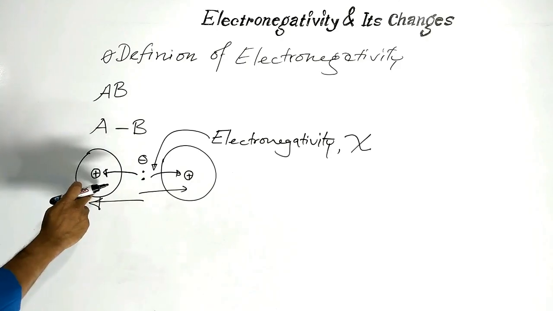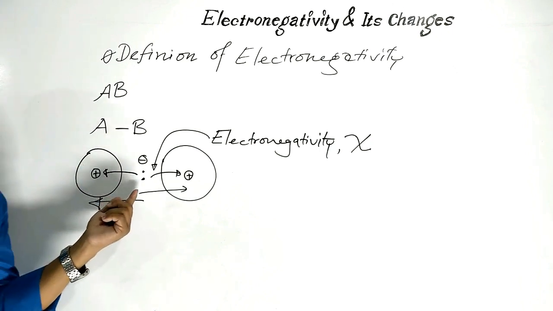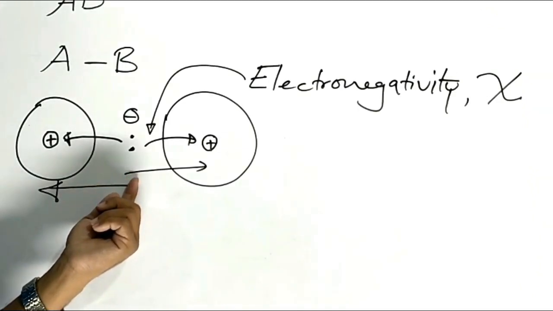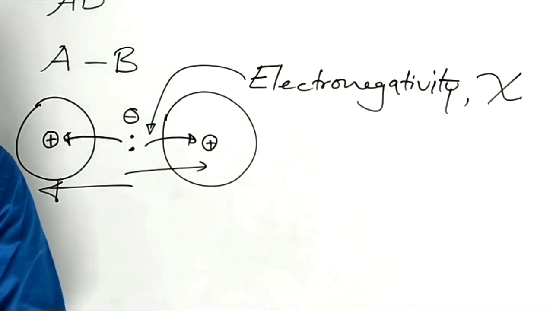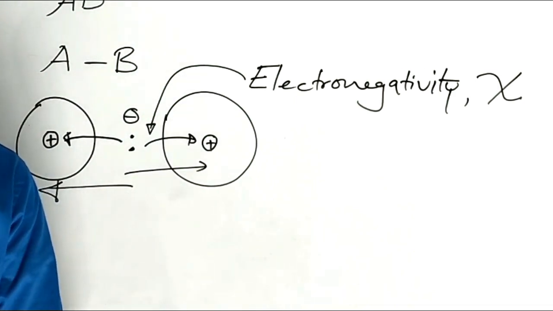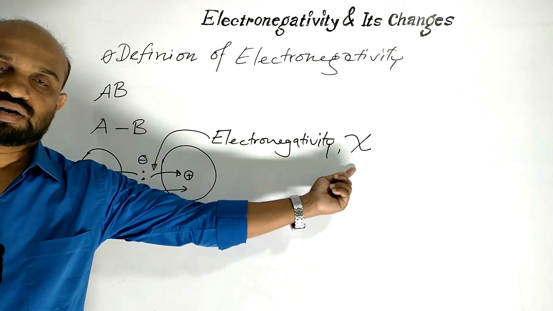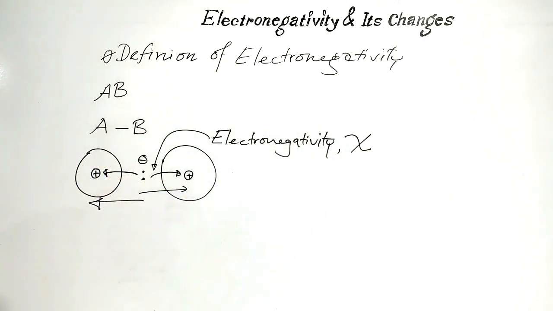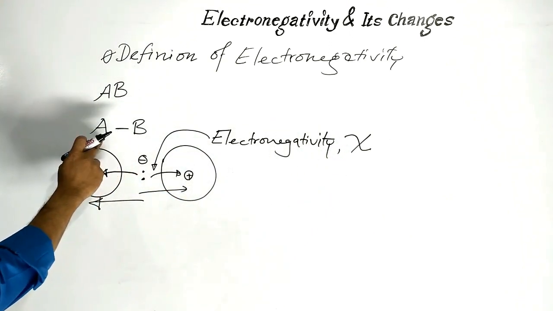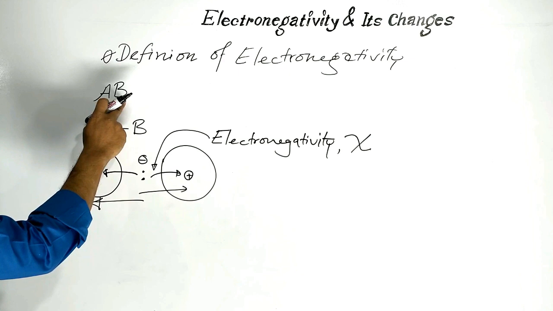Attraction of an atom of any element to the shared pair of electrons in a covalent molecule is known as electronegativity. Electronegativity is denoted by the Greek letter chi.